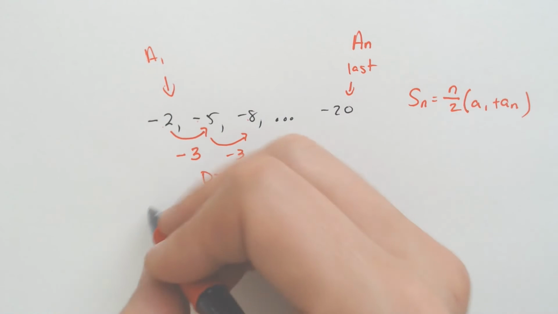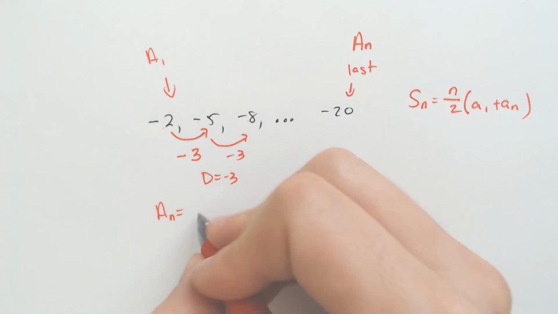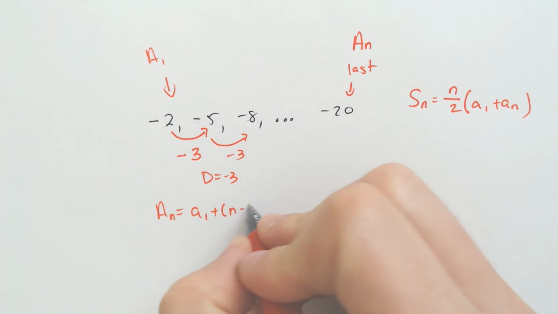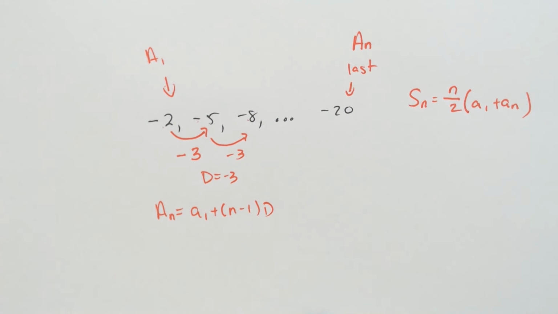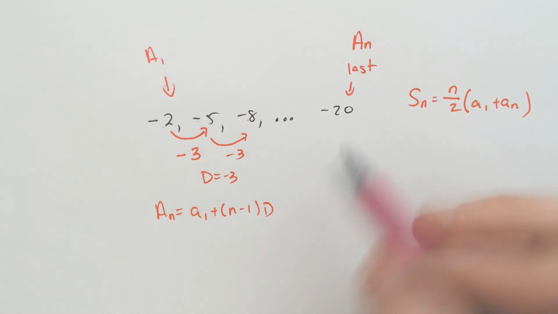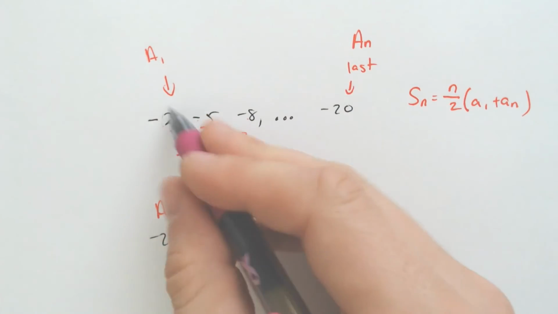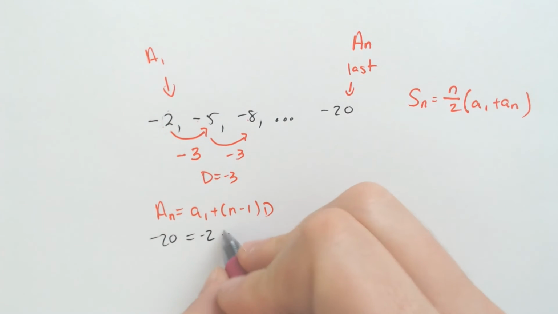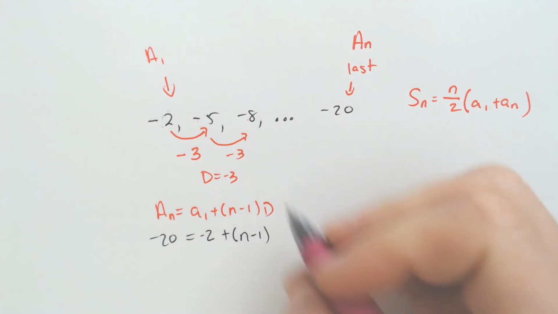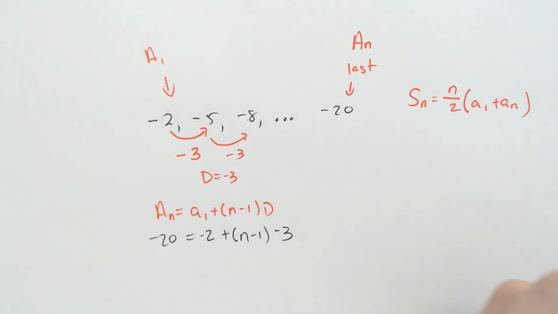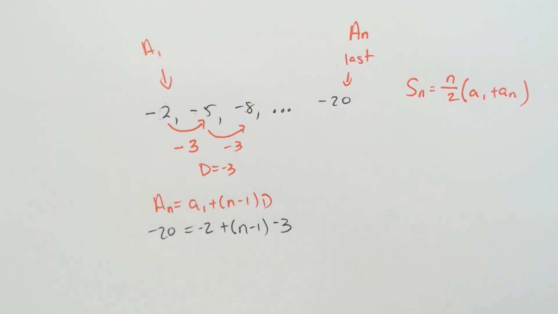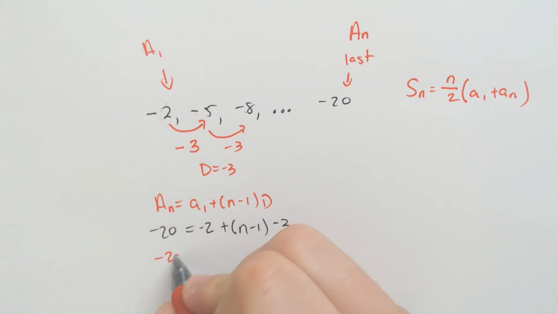Okay? But you could also, again, utilize your a sub n formula. a1 plus n minus 1 times d. Because you have almost everything. Your last term is negative 20. Your first term is negative 2. You don't have your n, but you do have your difference, negative 3. So you could distribute the negative 3.